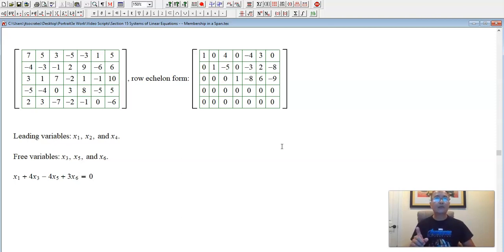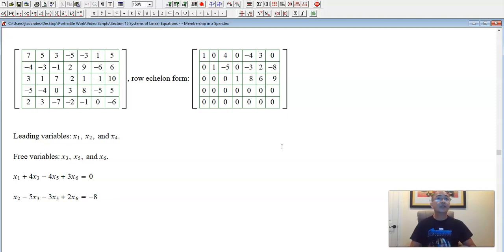Okay, so there's nothing wrong with having 0 on the right side. Our second equation is x2 minus 5x3 minus 3x5 plus 2x6 equals -8.